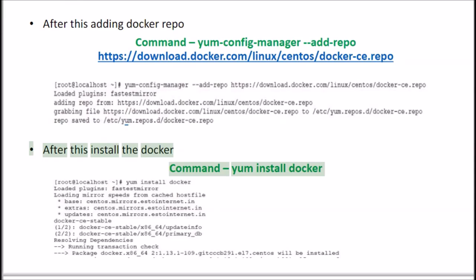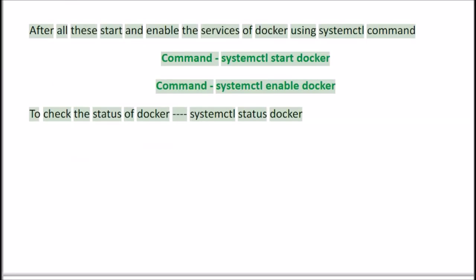After this, install Docker, command: yum install docker. After all these, start and enable the services of Docker using systemctl, command: systemctl start docker, command: systemctl enable docker. To check the status of Docker: systemctl status docker.